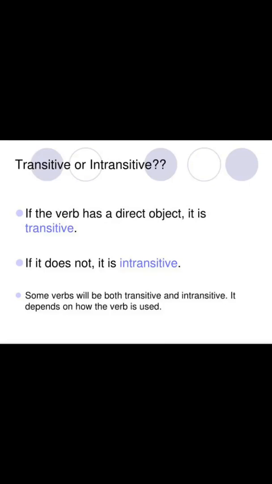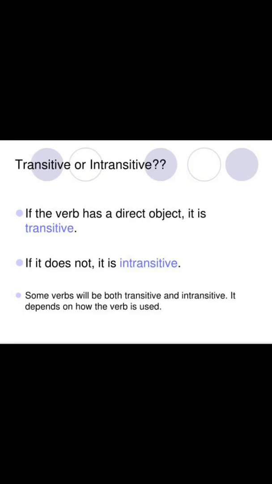Transitive or intransitive. If a verb has a direct object, as we have seen in the example just before, the boy kicked the ball, where kicked would be called as a transitive verb because it has a direct object, the ball.